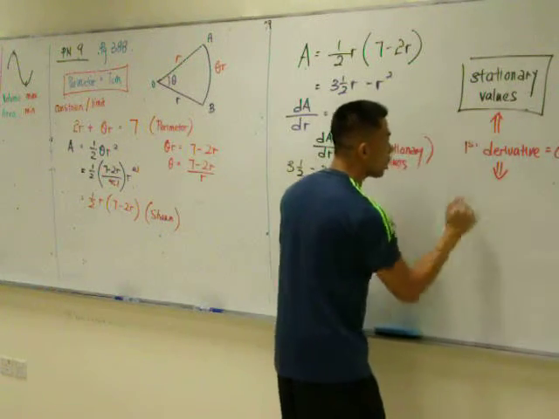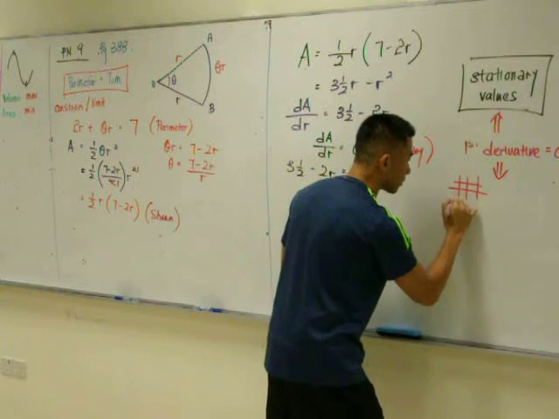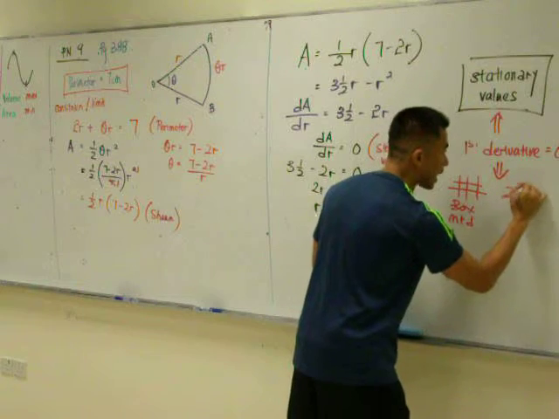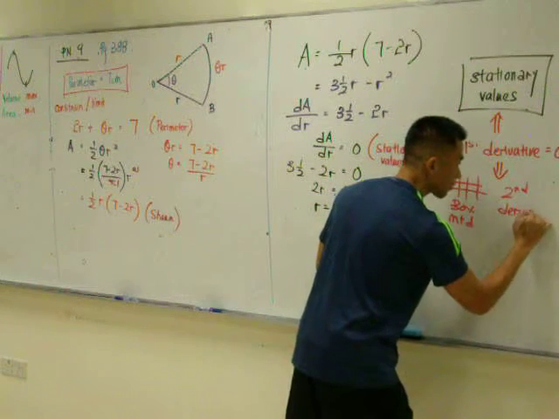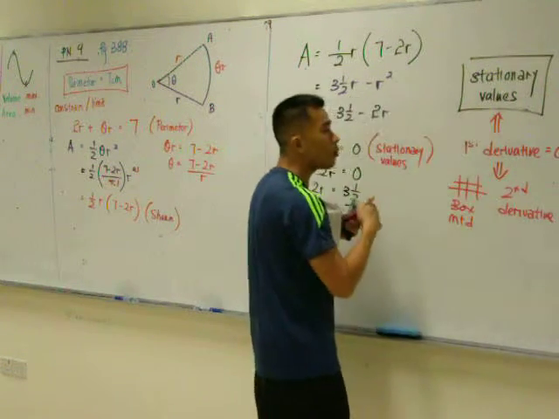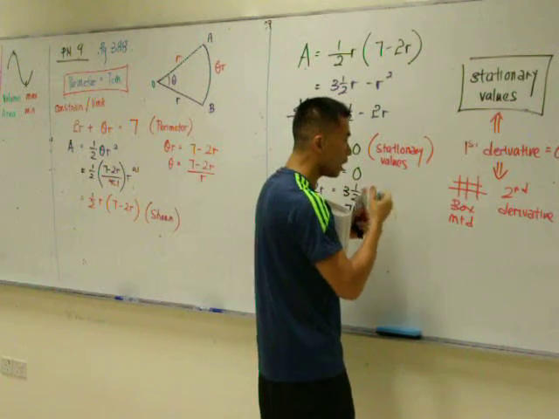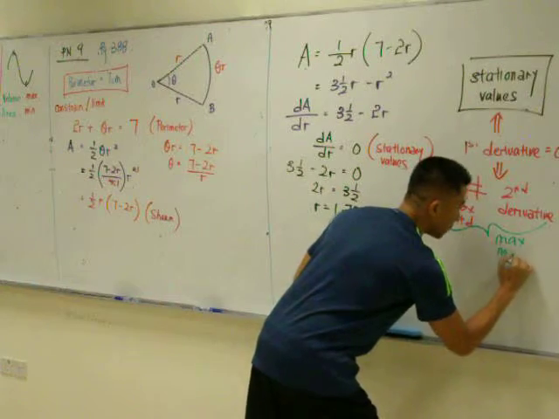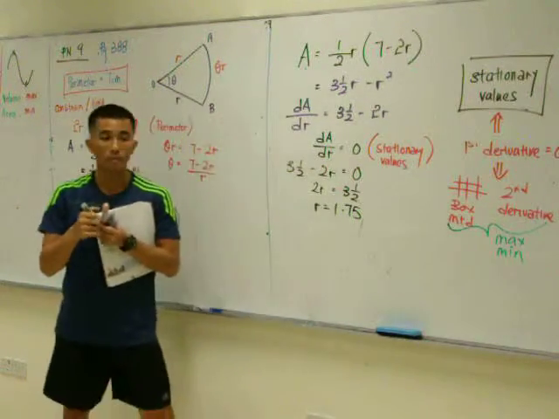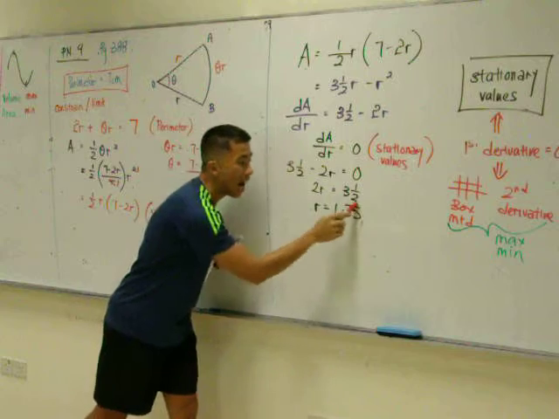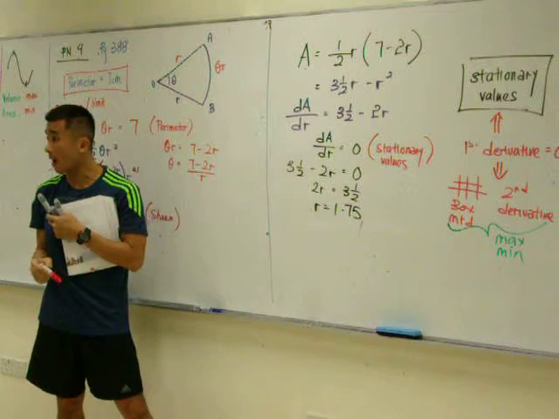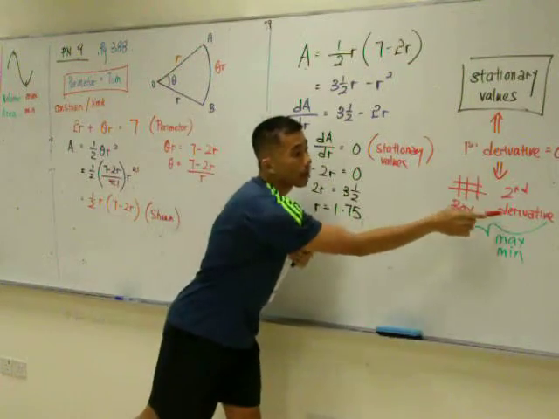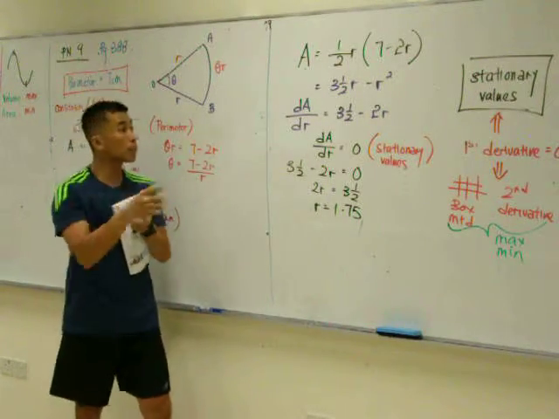So this must lead on to either the box method or the second derivative to determine whether this will be a maximum or minimum. So now we know at r is equal to 1.75, you have a stationary value. Do we want to do box method or second derivative? Let's do the second derivative.